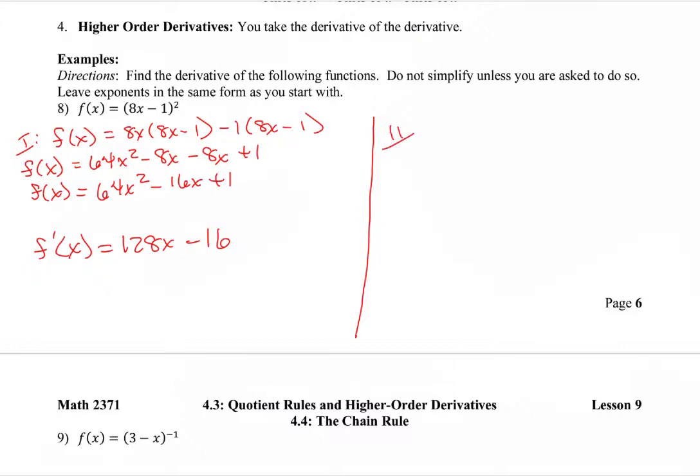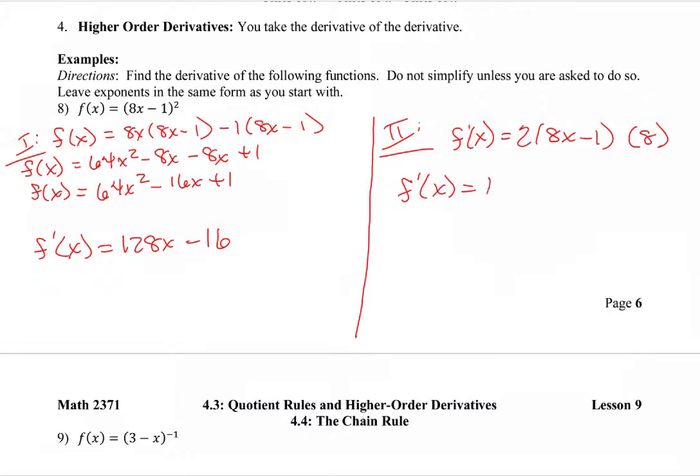The second method is to use the chain rule. All right, so what that would be is to say that f prime of x equals 2 times 8x minus 1 times the derivative of 8x, which is 8. So now I have f prime of x equals 16 times 8x minus 1. 8 times 16 is 128.